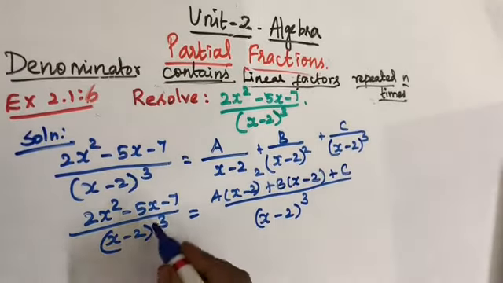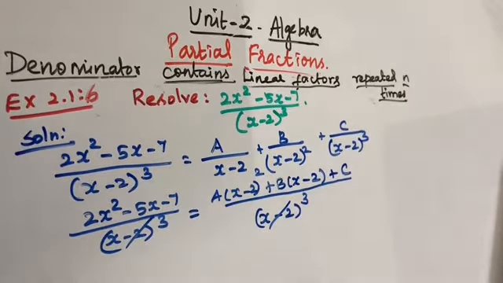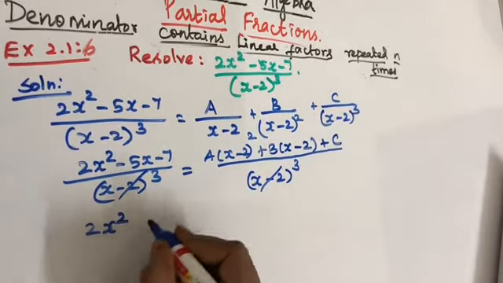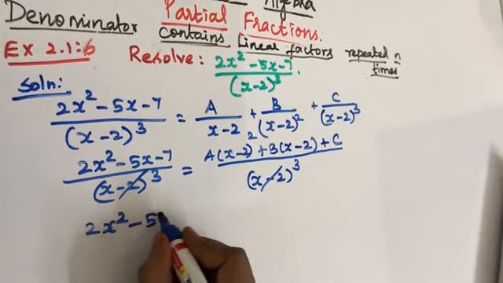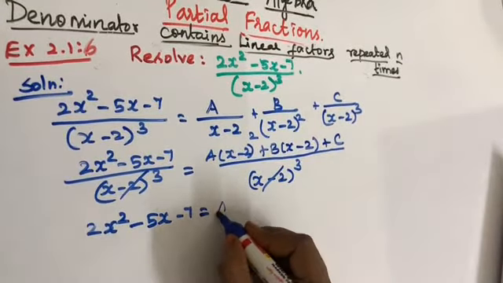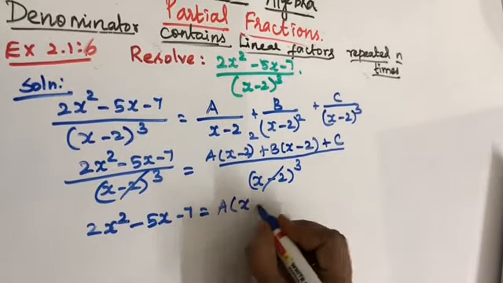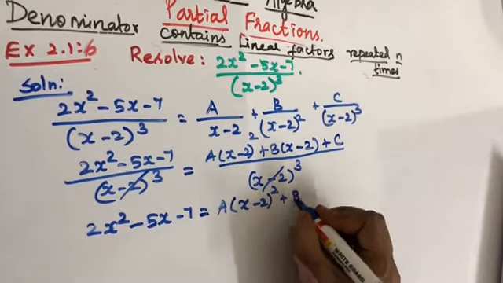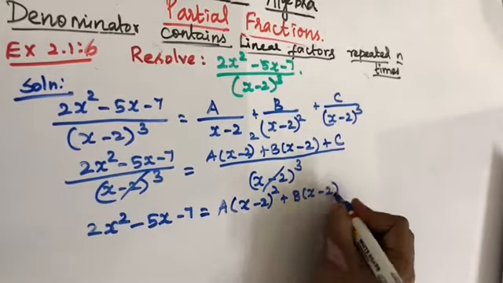Now we will cancel the denominator on both sides. We get 2x square minus 5x minus 7 is equal to A into (x minus 2) the whole square plus B into (x minus 2) plus C.